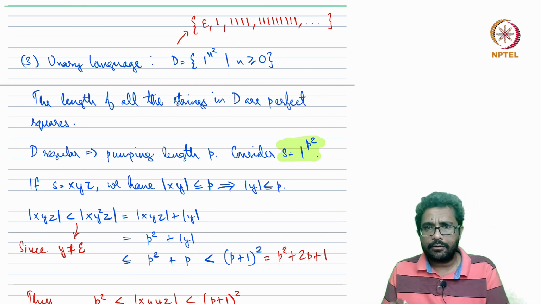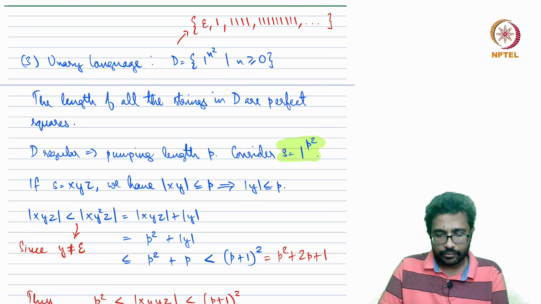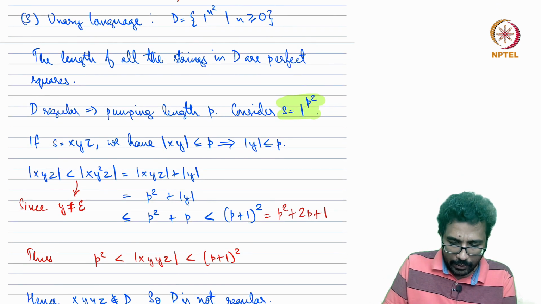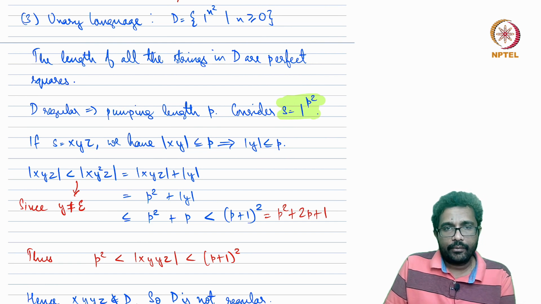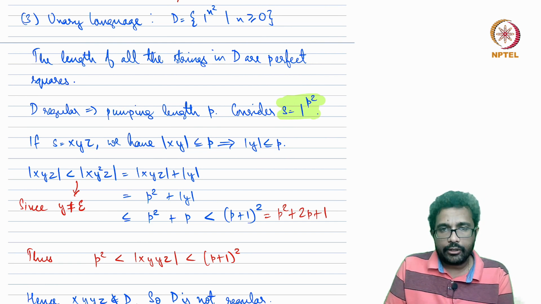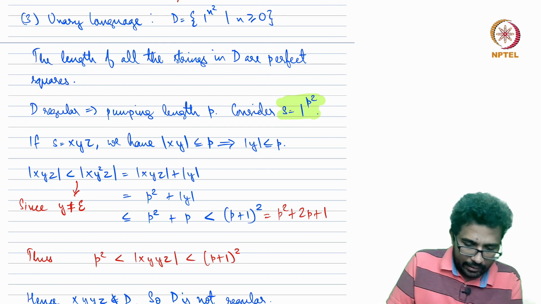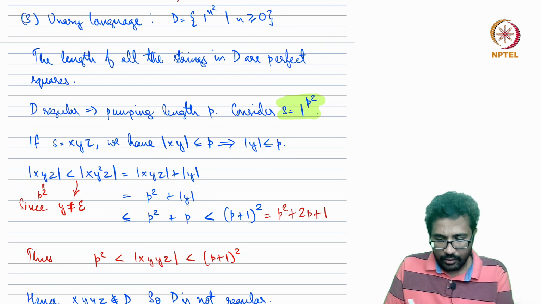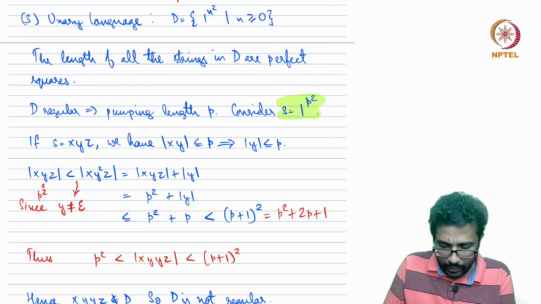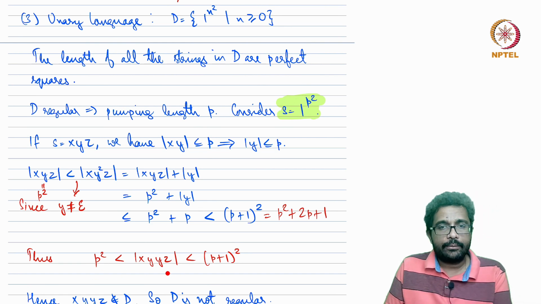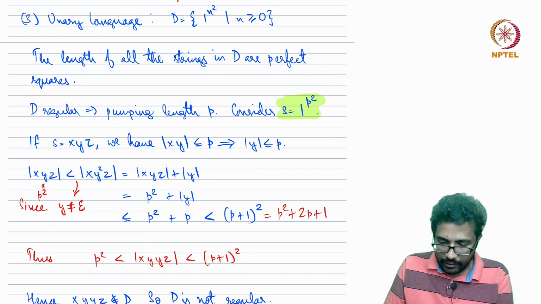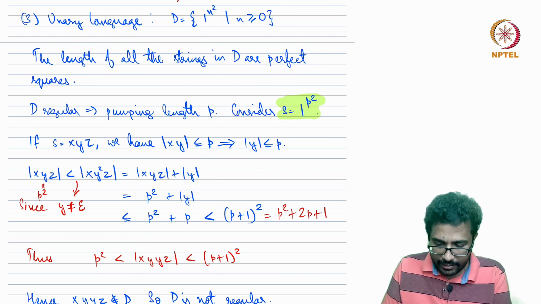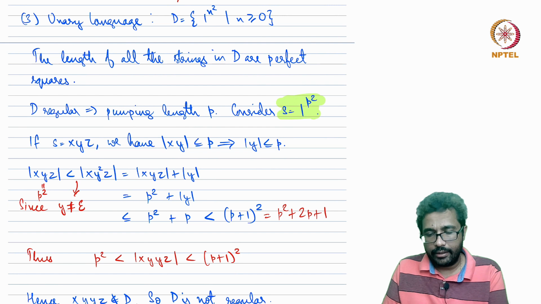Okay, so we did a bunch of calculations. What does it amount to? We started by saying that the length of x, y square z is strictly greater than that of x, y, z, and the length of x, y, z is p square. So it is strictly greater than p square, and we ended by saying that it is strictly less than p plus 1 whole squared.